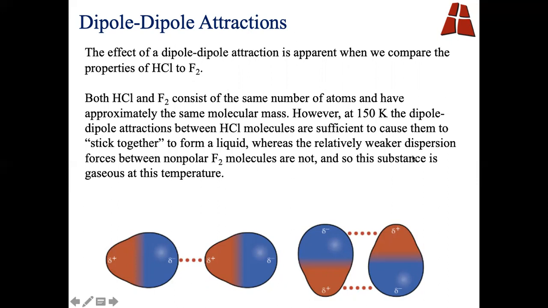However, if we are looking at 150 Kelvin, which is pretty cold, like minus 100-ish Celsius, probably about minus 150 Fahrenheit, though I don't know exactly, the dipole-dipole attractions in HCl are sufficient to cause the molecules to stick together and form a liquid, whereas fluorine, where intermolecular interactions are dominated by London dispersion forces, remains a gas at that temperature.